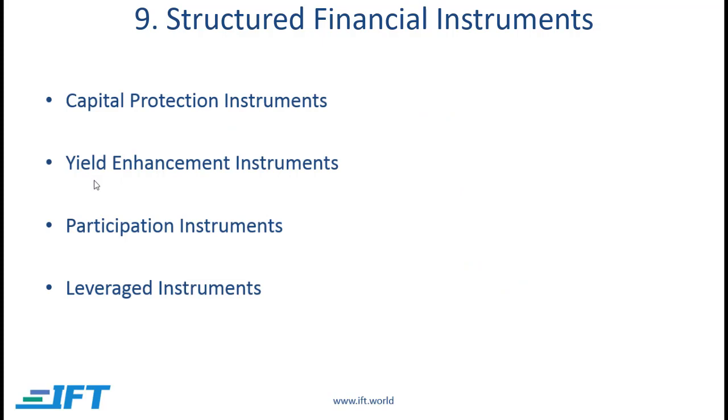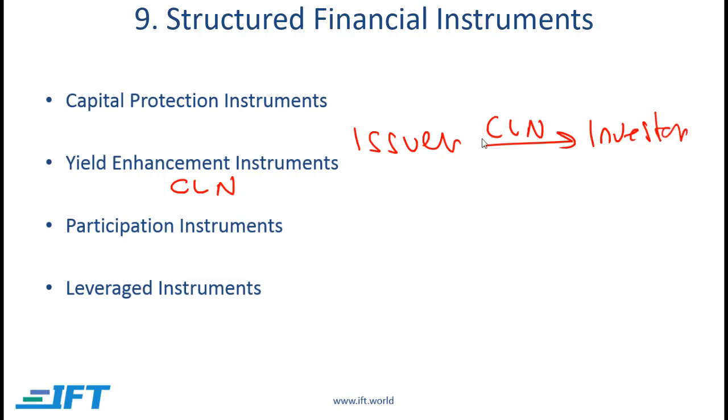Next, we come to yield enhancement instruments. And a classic example of a yield enhancement instrument is a credit-linked note. So say we have an issuer who issues a credit-linked note and an investor buys this credit-linked note. The credit-linked note can be thought of as a bond which is tied to an underlying asset.